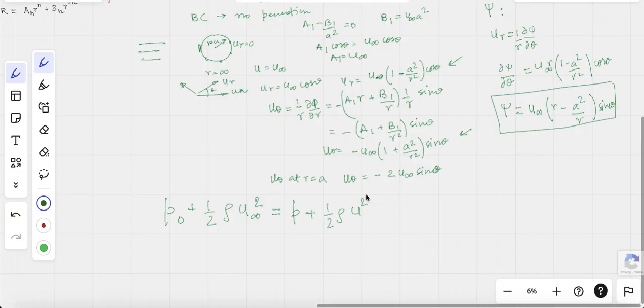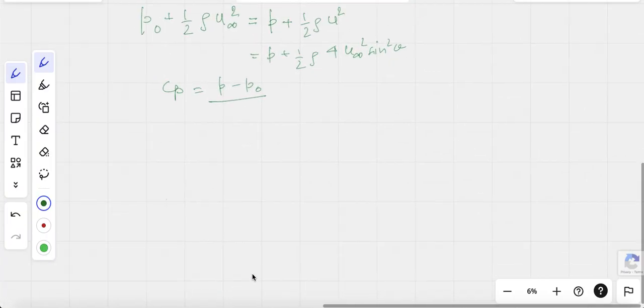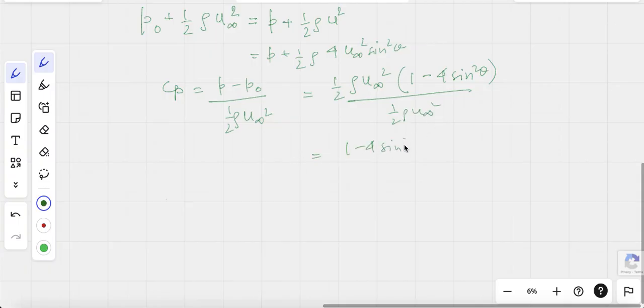Now at the surface ur is 0, only u theta is there, so we can write P plus half rho, and u theta square is 4 u infinity square sin square theta. Coefficient of pressure is defined as P minus P0 by half rho u infinity square. So P minus P0 is half rho u infinity square into 1 minus 4 sin square theta, divided by half rho u infinity square. This is 1 minus 4 sin square theta.